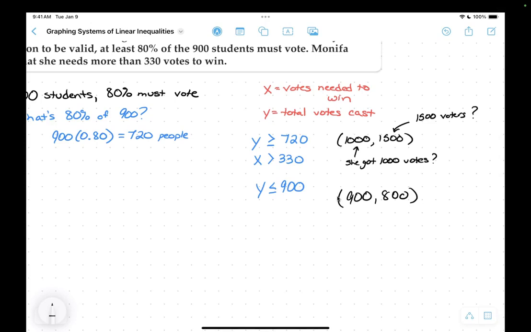So we need another inequality to say that the number of votes that she got has to be lower than the total number of votes cast. She can't get more votes than there were votes. So the number of votes she got, X, has to be lower than the number of votes that were cast. X must be less than Y. She can't get more votes than there were votes.